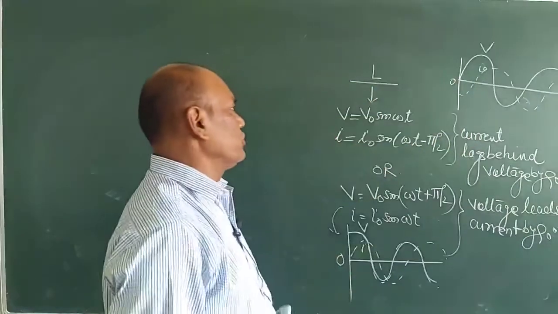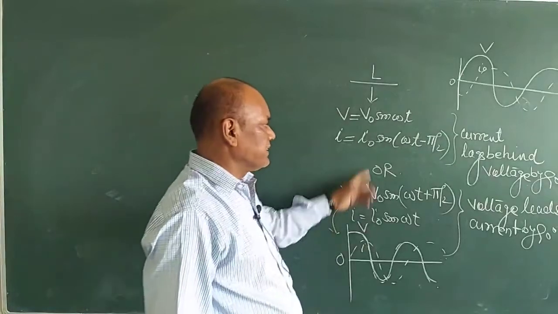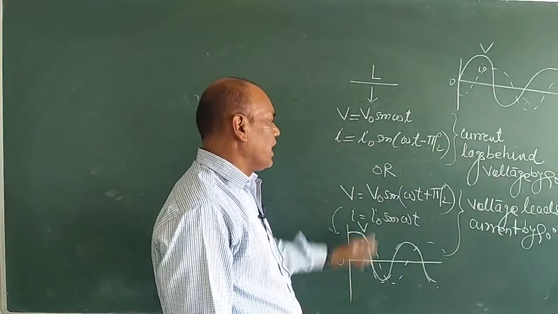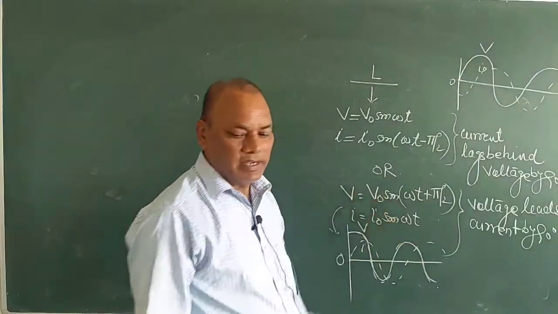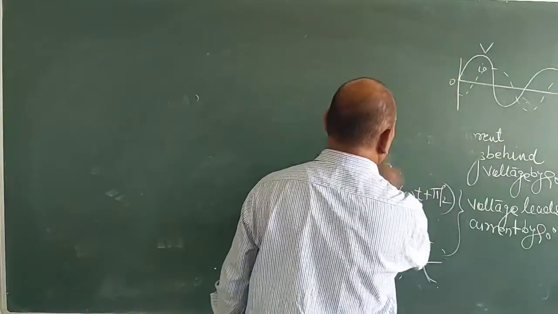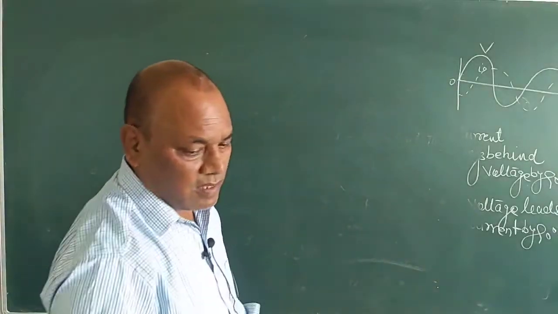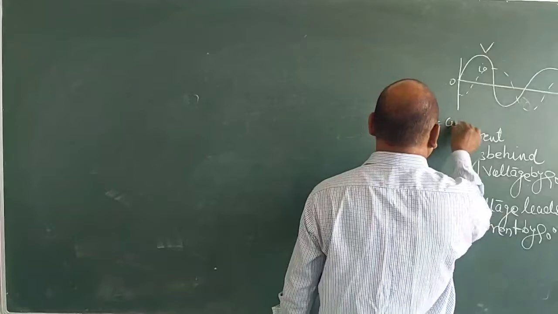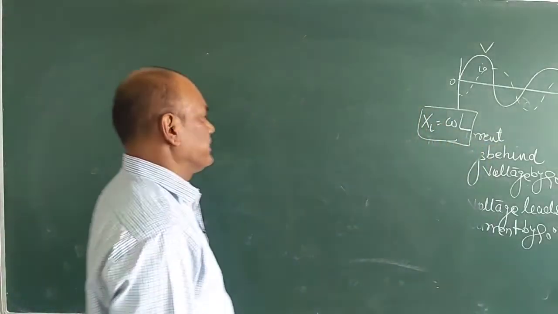So there will be two situations in the case of an inductor. Either we can say that voltage leads current by 90 degrees, or we can just reverse it and say that current lags behind voltage by 90 degrees. Both are giving the same sense. And in this case, XL is equal to omega L. Its name is inductive reactance.